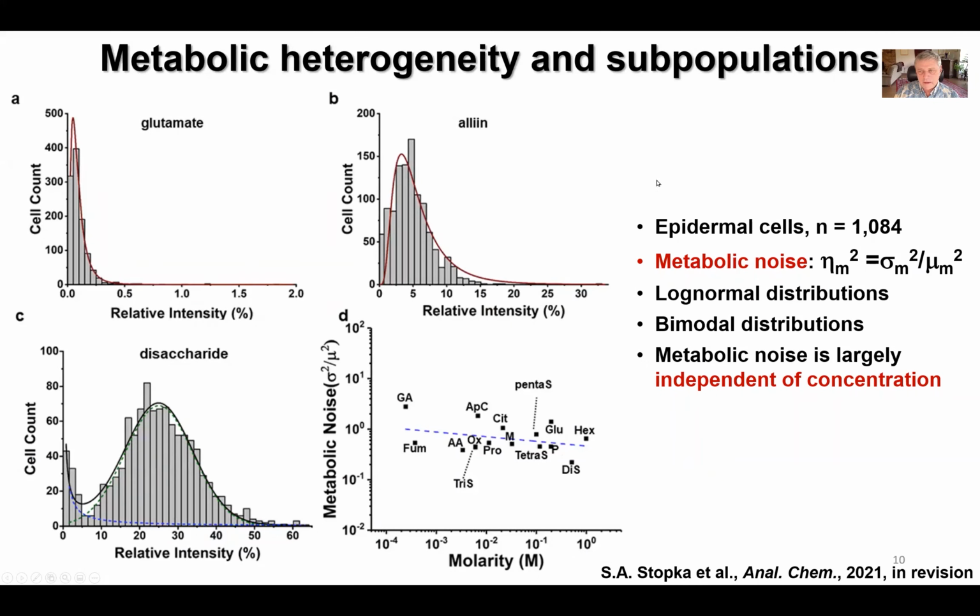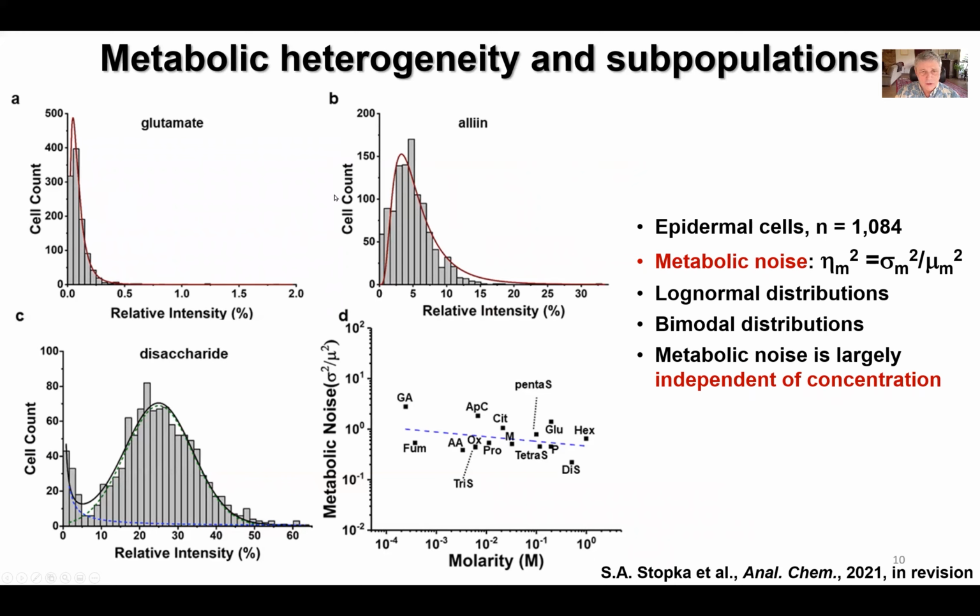So when you collect the intensities for, let's say, 1,000 cells, you can of course plot the intensity distribution for the entire population. And we did this, and we observed two major features. One was really the shape of the distribution itself.